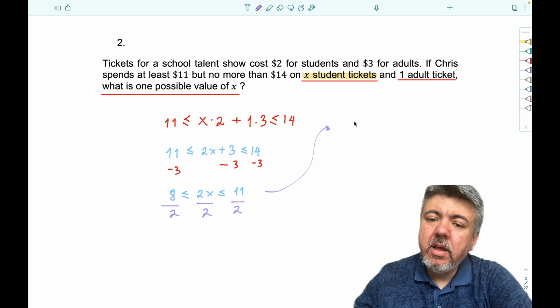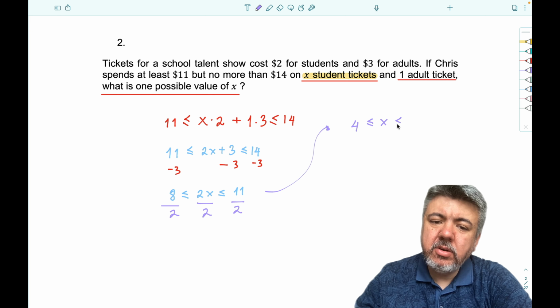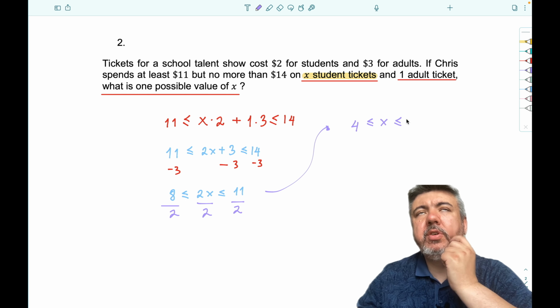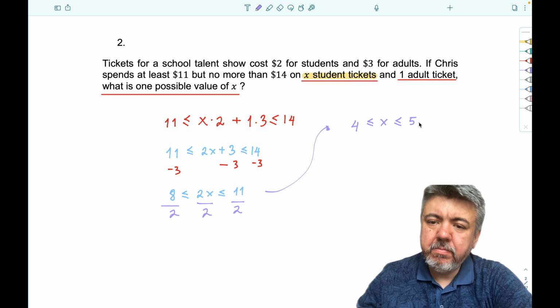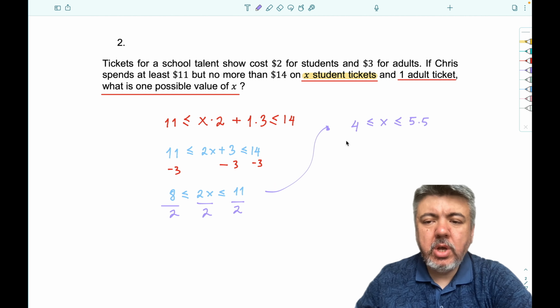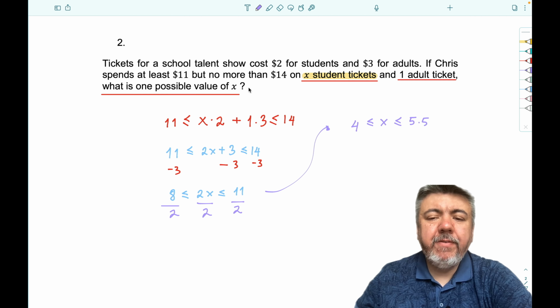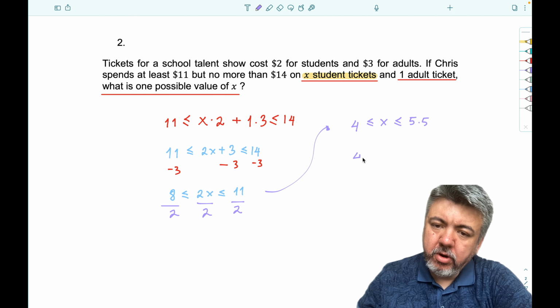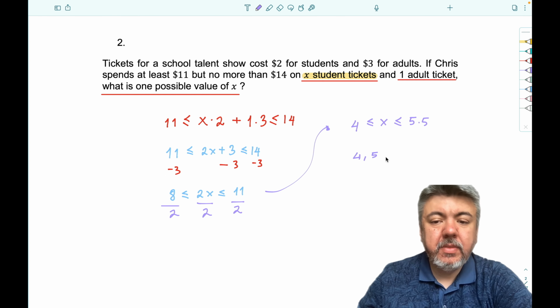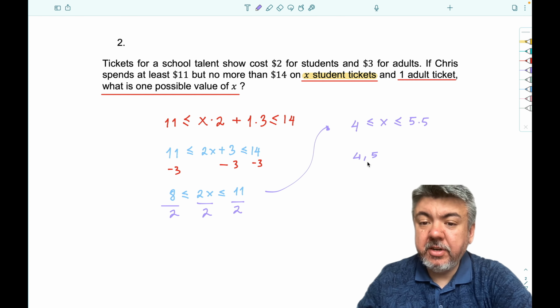That will lead us to 4 less than or equal to x less than or equal to 11 over 2, which is 5.5. So the value of x can be 4, 5 as integers, and other possible values can be here.